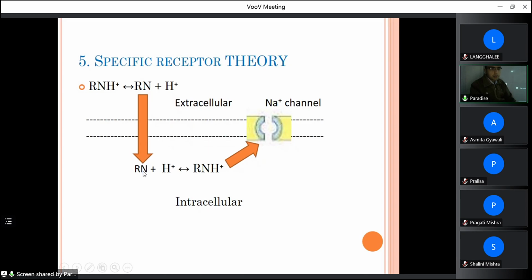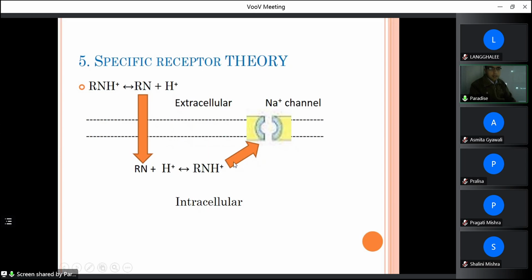Once it enters into the intracellular compartment, again this RN will react with H+ ion and it will form the RNH+ ion. Again, it is an equilibrium reaction. It's the same reaction, okay? So within the nerve cell, inside the intracellular cavity, the RN reacts with the H+ ion and forms the RNH+.